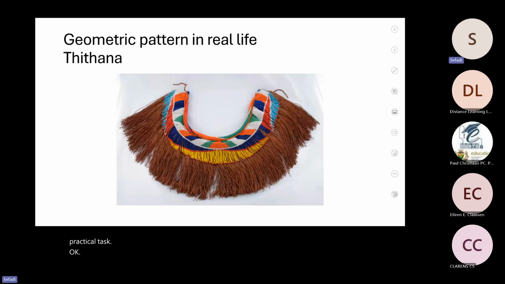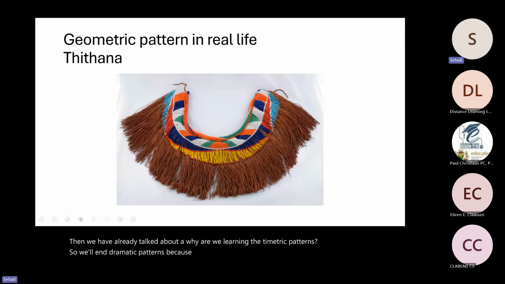Then we have already talked about why we are learning geometric patterns. We learn geometric patterns because mathematics is a real-life related subject. We almost do maths in everything that we do in our lives.